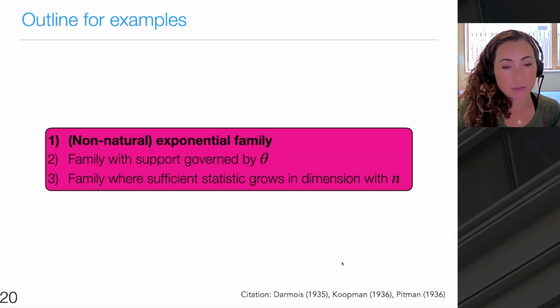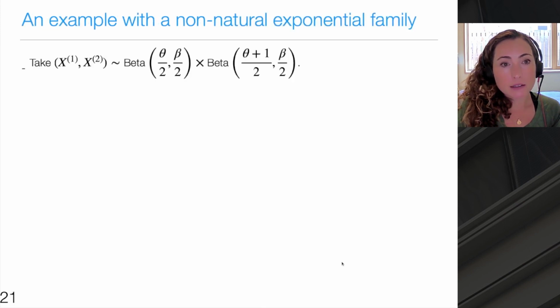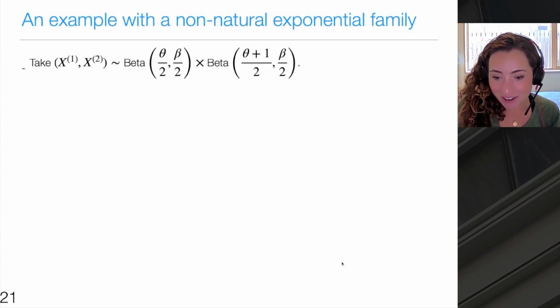Okay, so first, an example from a non-natural exponential family. Remember, my recipe is a little funny because we're going to start out with x1 and x2, and it's not till you get to the end that you find out what distribution we're going to be thinning. So we can play a little game where I go through the recipe and you can see if you can guess what distribution I've thinned before I tell it to you.